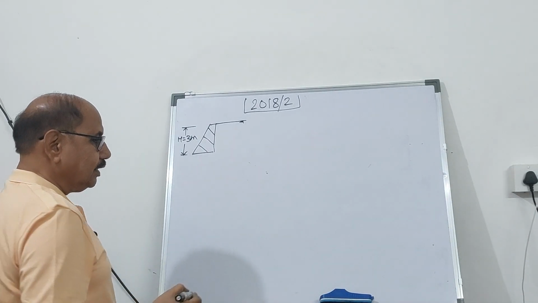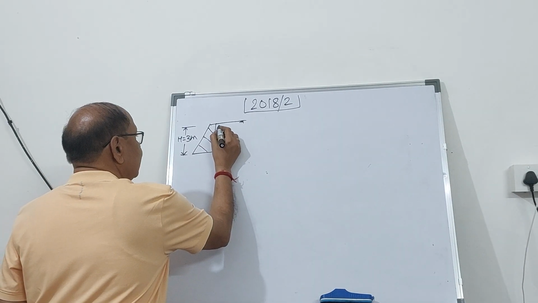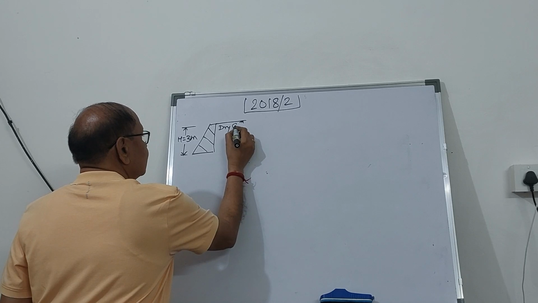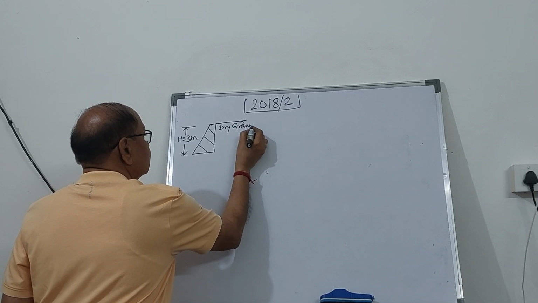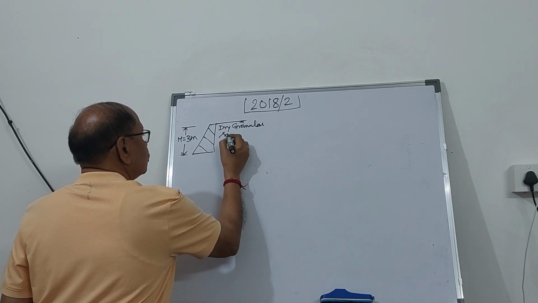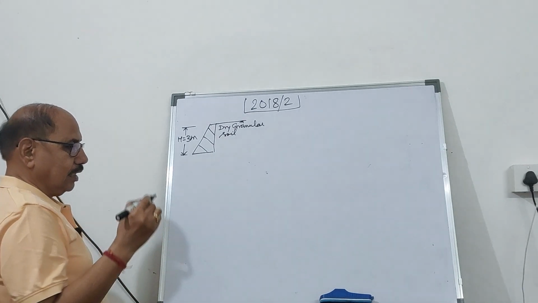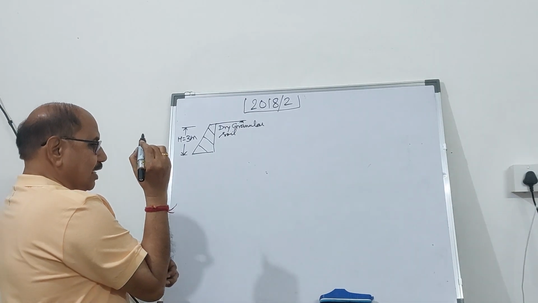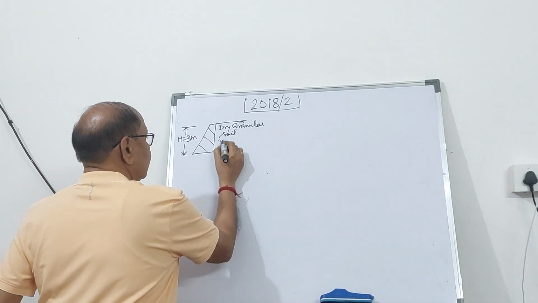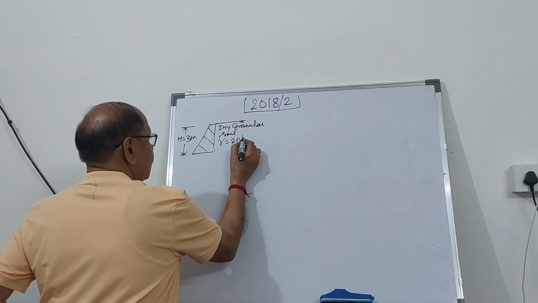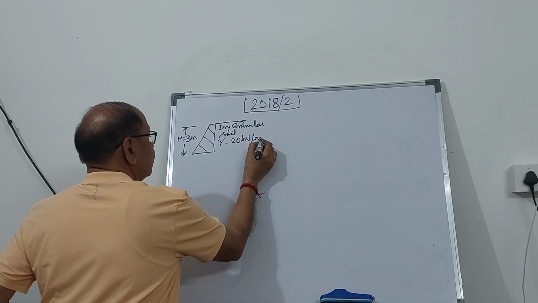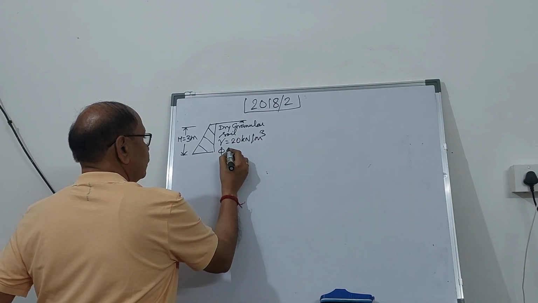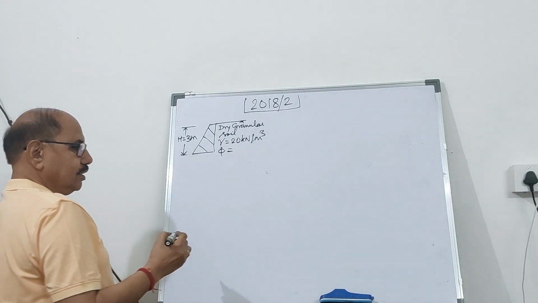Having the dry granular soil as backfill. Its gamma is 20 kilonewton per cubic meter, and the value of phi is 30 degree.